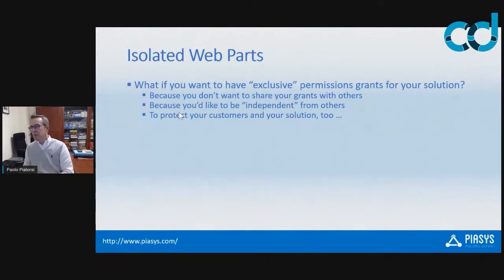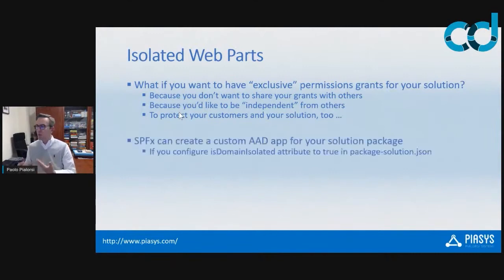They are called isolated web parts, but actually the same topic applies to extensions, if you like. So how can you do that? Well, when you declare a solution as an isolated one, SharePoint Framework, when you deploy the solution in the app catalog, will register a dedicated application for you in Azure Active Directory, and will grant your permissions.